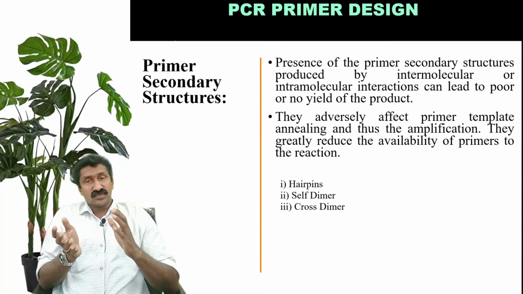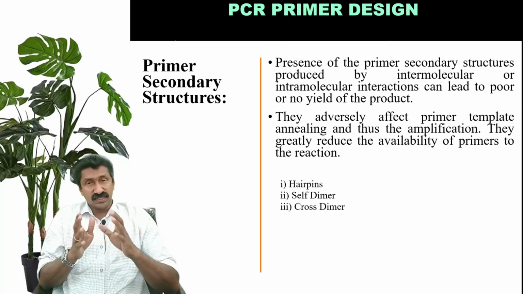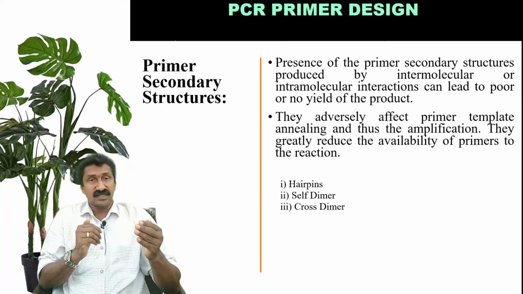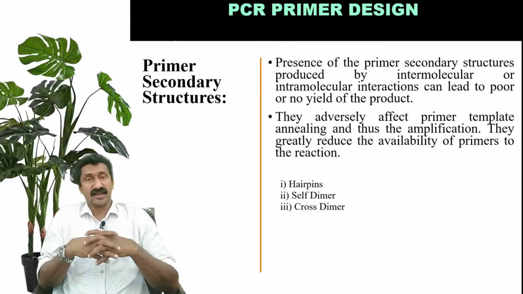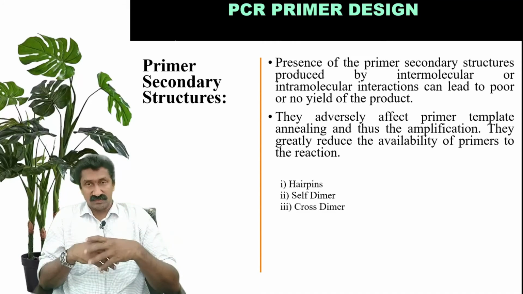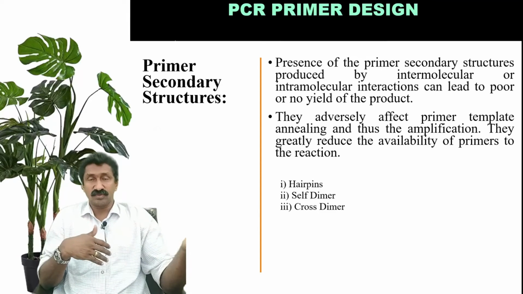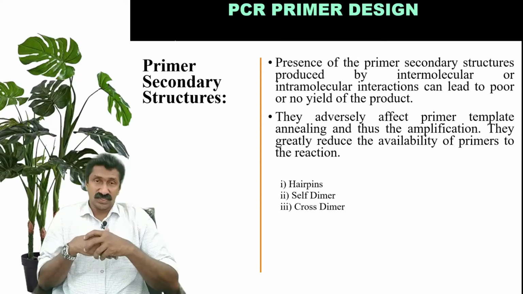Then primary and secondary structures also play some role. The presence of primer secondary structures produced by intermolecular or intramolecular interactions can lead to poor or no yield of the products. For example, the primers can form secondary structures, because if it is a long primer like 22 base pairs or more, there is a possibility of forming secondary structures within that sequence.